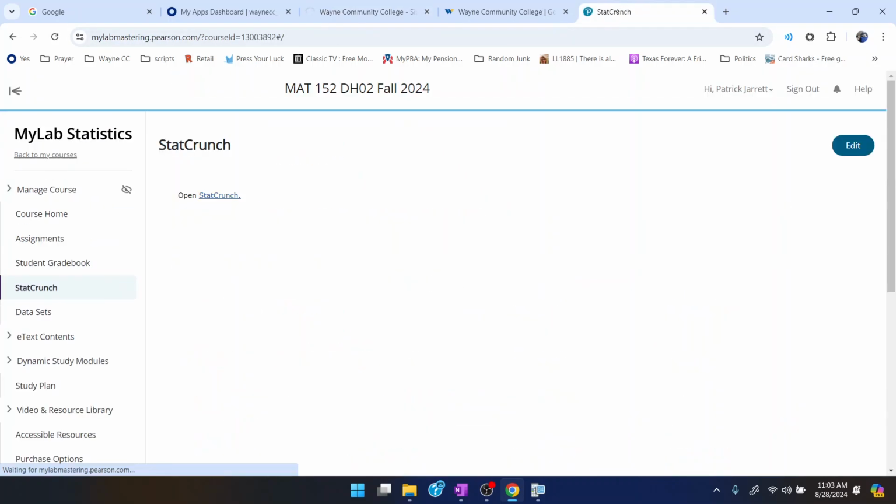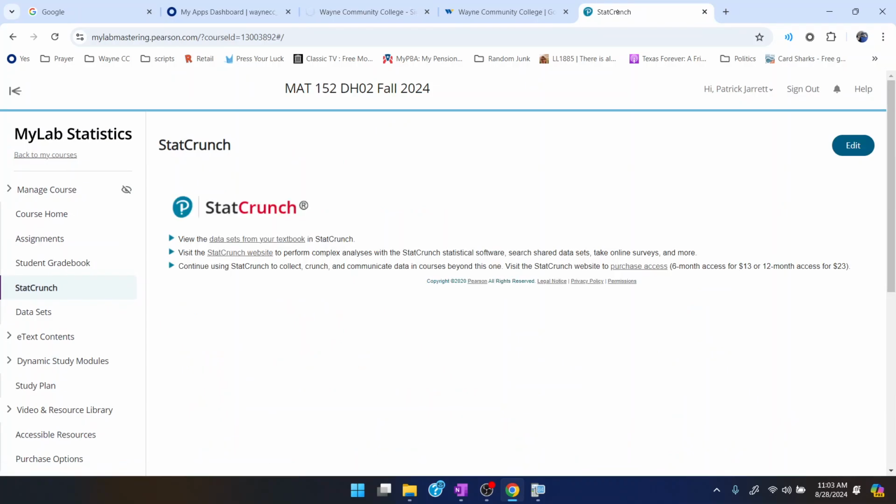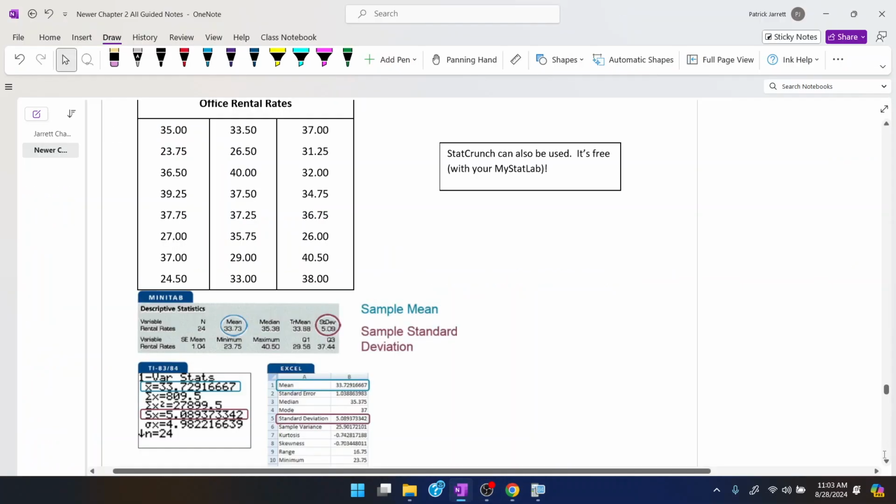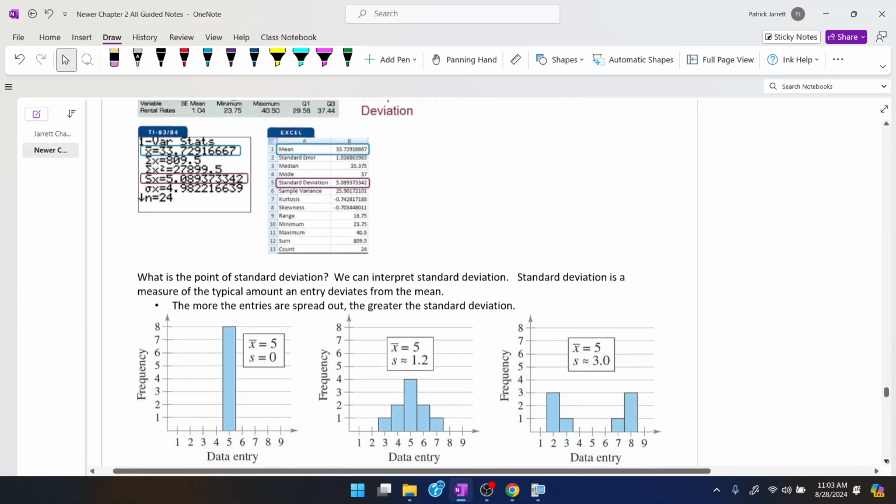And the cool thing is, with your Chapter 2 assignments in MyLab, you can actually open things up in StatCrunch and do the questions there if you ever so desire. So you kind of have that little luxury. But we'll get to that. Excel. They've kind of changed Excel a bit, but I also like to use Excel sometimes.